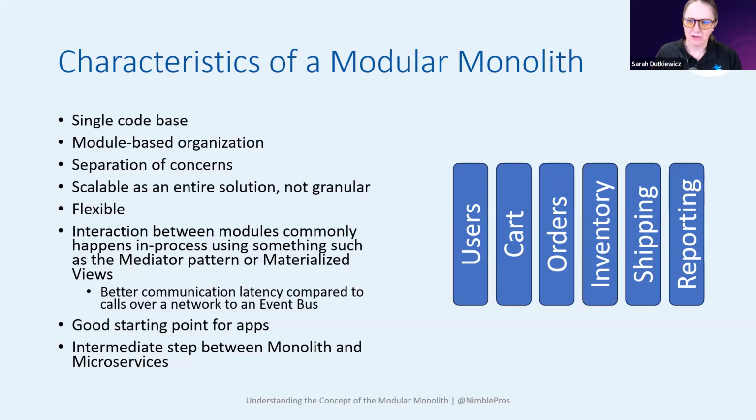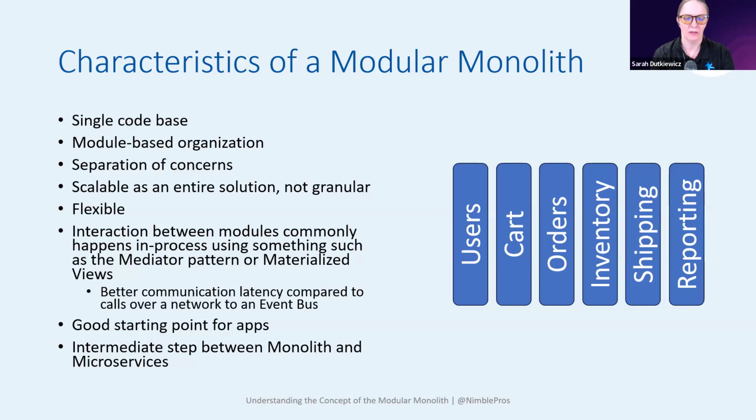The modular monolith is a good starting point for applications because it allows you to start with the organization already clean. You're not saying, oh, I've got this app that's already built and intertwined every which way.